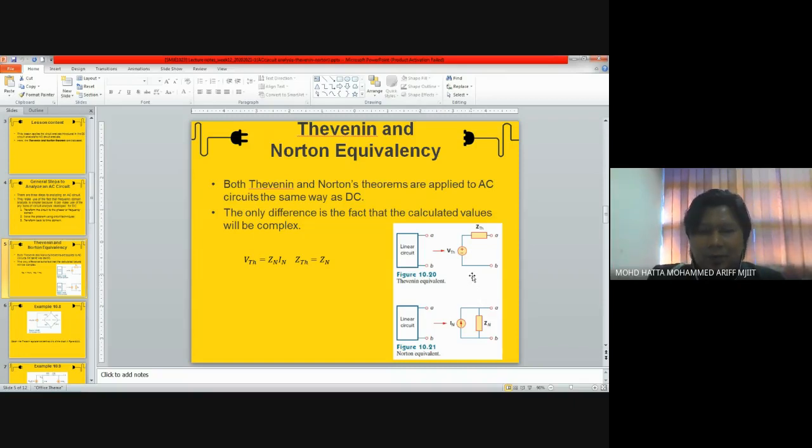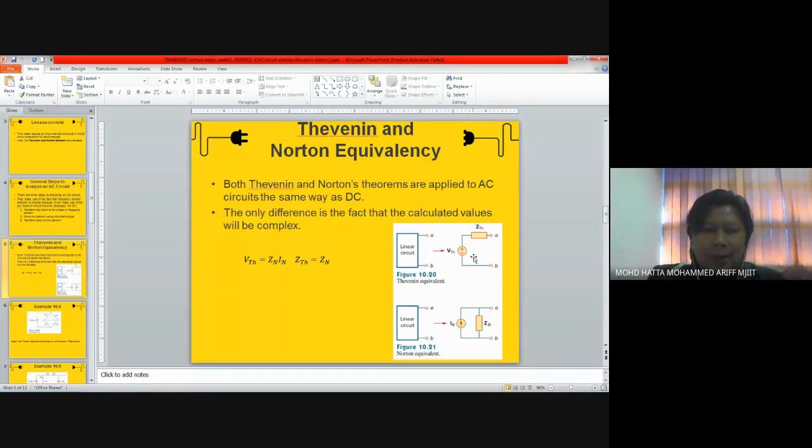So you can change into the other form easily if you have one equivalent circuit. Same goes to Norton equivalent. You can easily change it into Thevenin equivalent circuit by using source transformation.